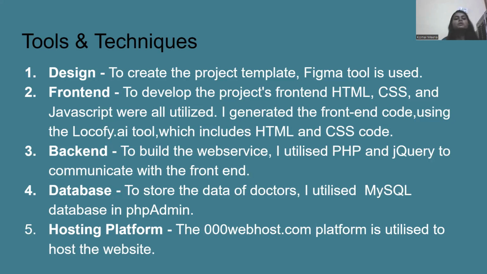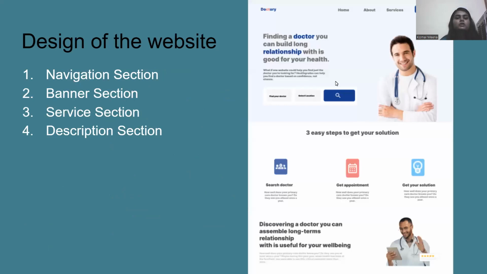Okay, so this is the design of my website. As you can see, firstly, it is the navigation section. Here we have the Doctory logo, and here we have the home, about, and service options and the get started option. Here is the banner section. Here we have some tags and the form where we can fill in the details like doctor's category and the location where we want doctors from.